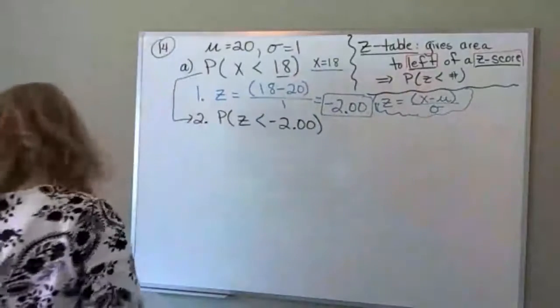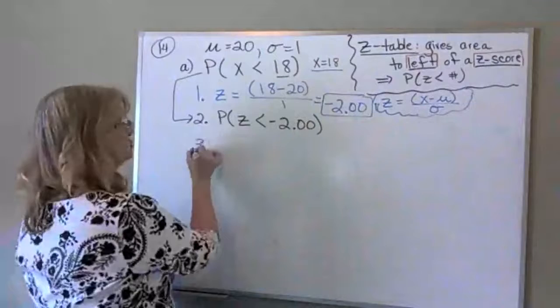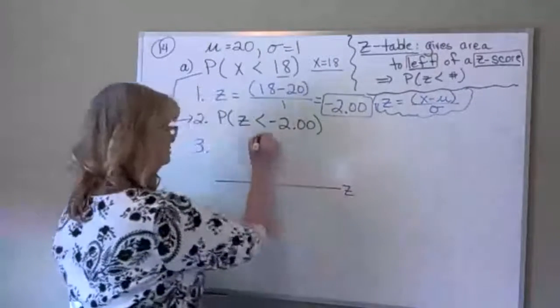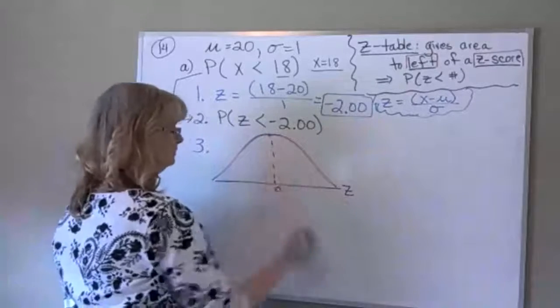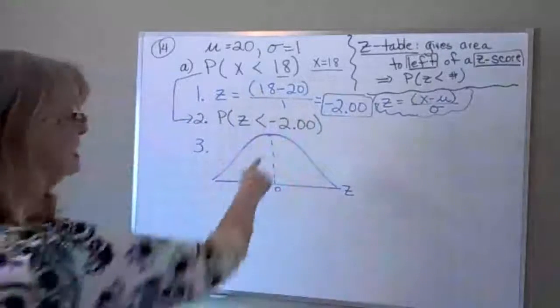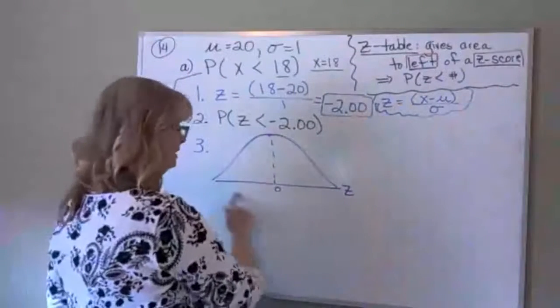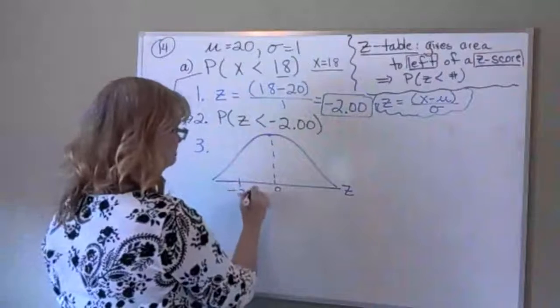Step 3. Step 3 is to draw your picture with z down here. And that z-score we just found, we're going to put on the picture on this number line at the bottom. Negative 2 is going to be over here somewhere.